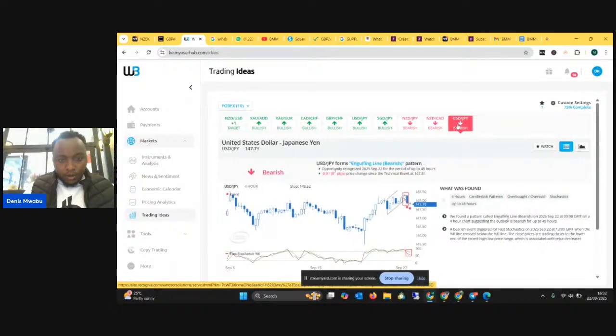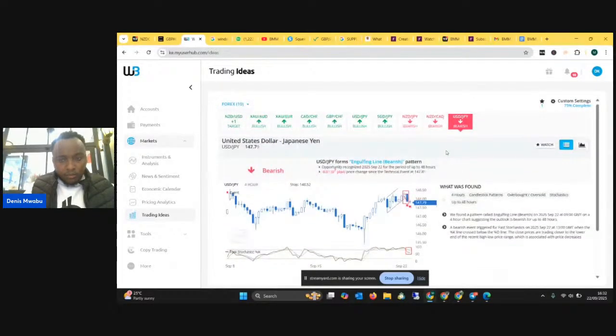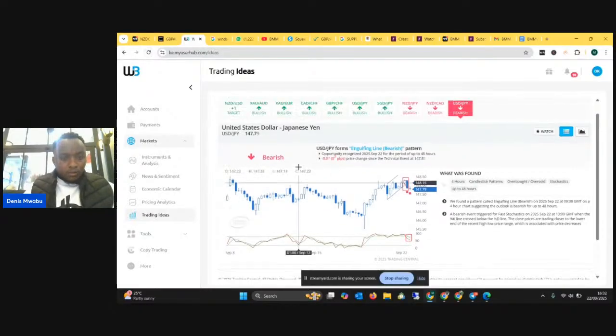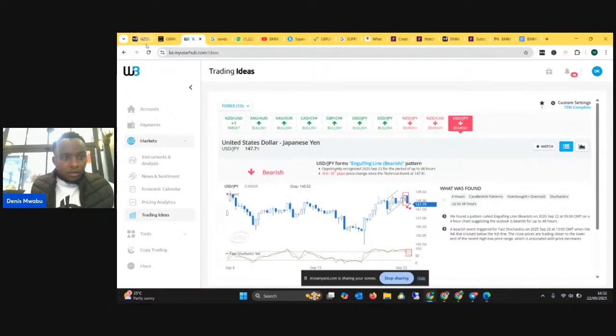So USDJPY comes here again with a sell. Okay, that's interesting. This is on the 4 hours time frame. That's super interesting.